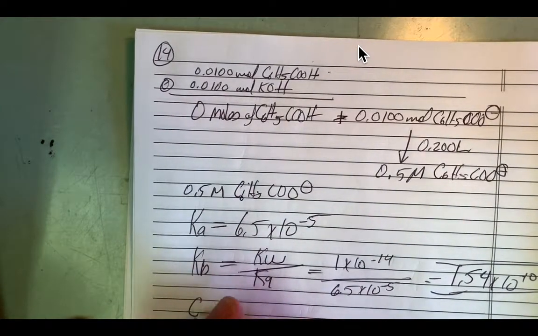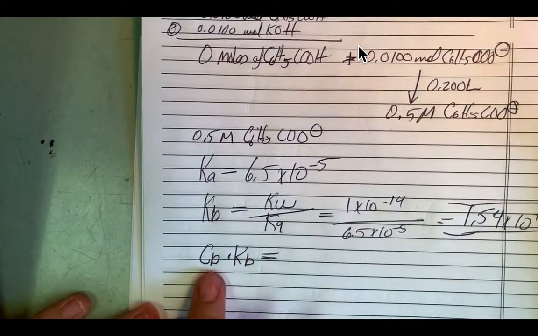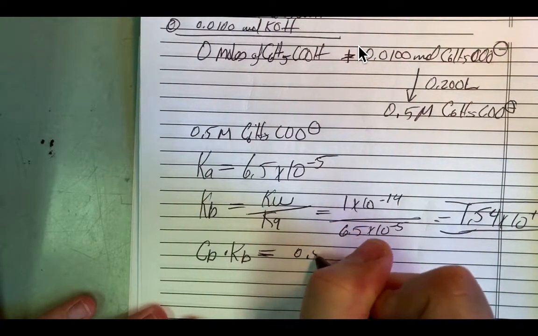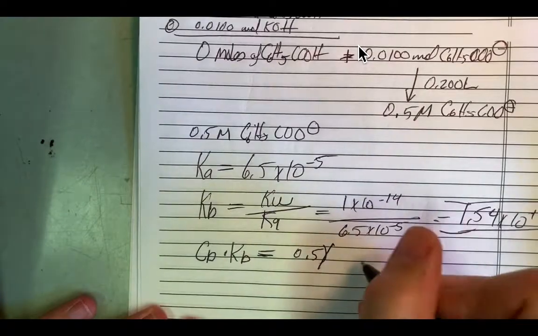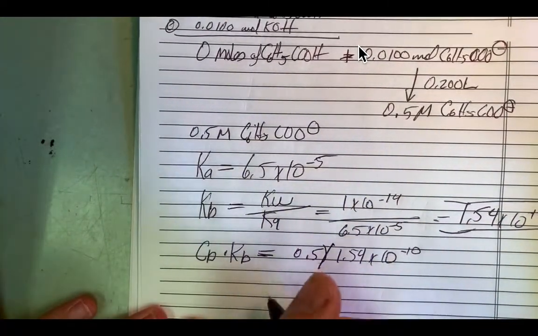Okay, so Cb times Kb. You guys are experts at this type of problem by now. We're going to see if the shortcut will work. Concentration is 0.05, and divide that by 1.54 times 10 to the minus 10.